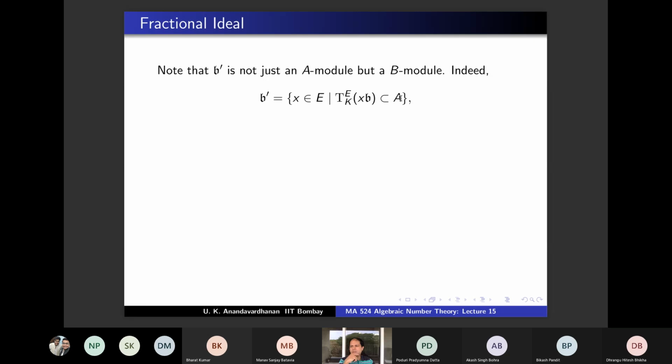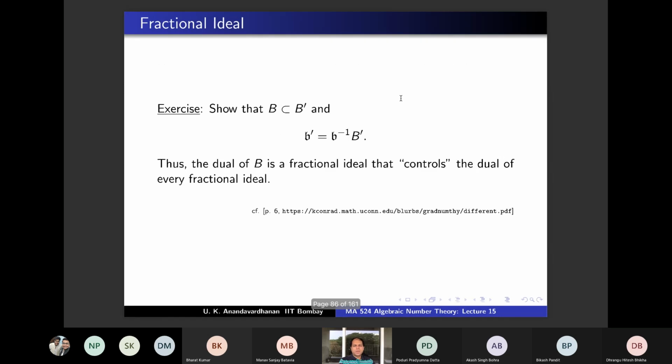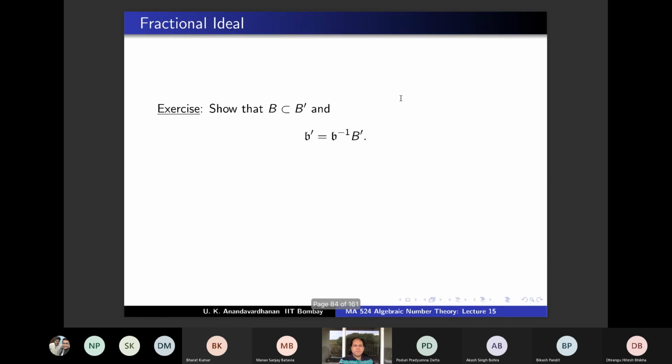Because it's integral over A, yes, because the trace of an integral element is integral. So if you take an element in B, its trace will be integral over A, and therefore it belongs to A because A is integrally closed. So that shows B is contained in B prime is obvious.